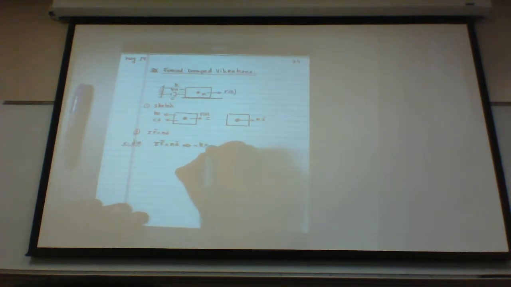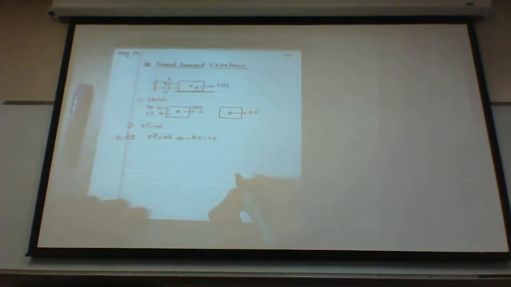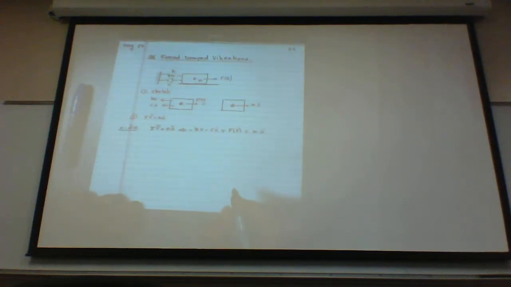Minus kx minus c x dot plus f of t equals m x double dot. Or m x double dot plus c x dot plus kx equals f of t.